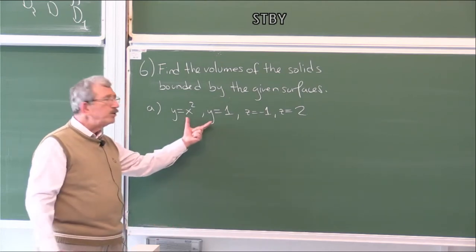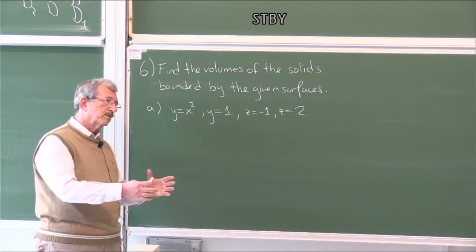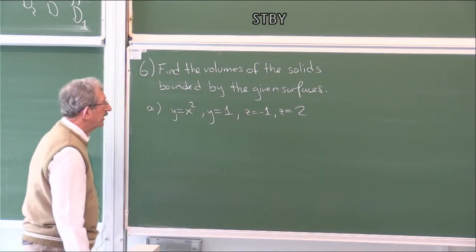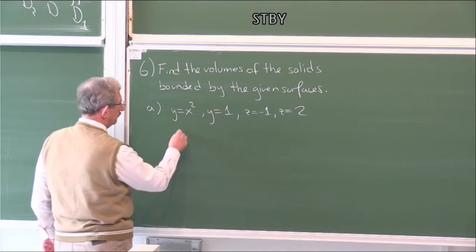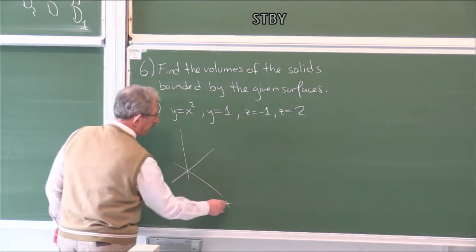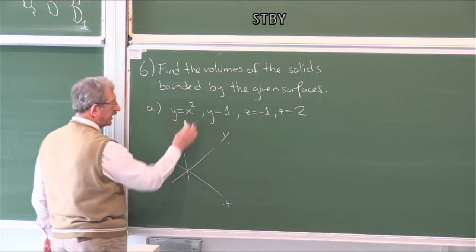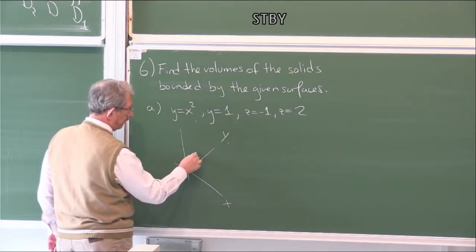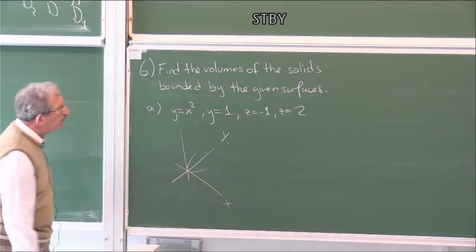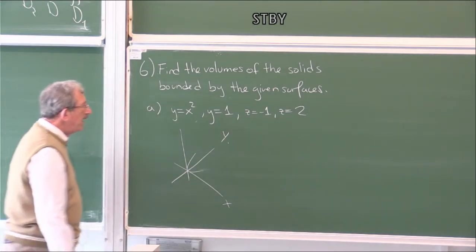So they bound actually our base D. So if we sketch them, we easily see that y is x squared, so we have such a parabola, and y is 1.